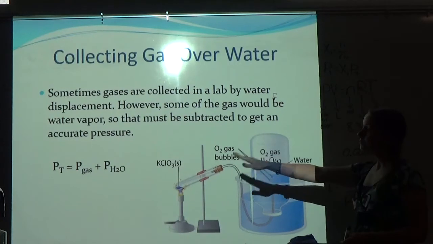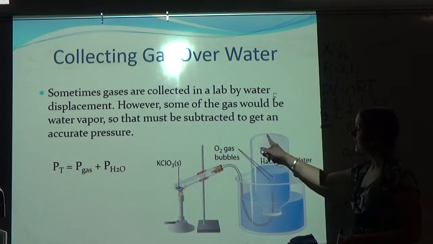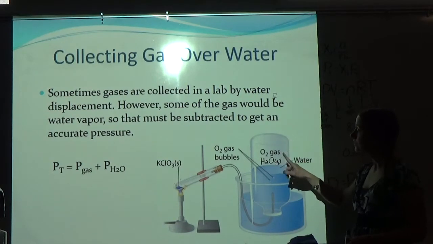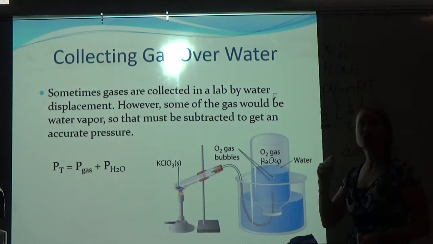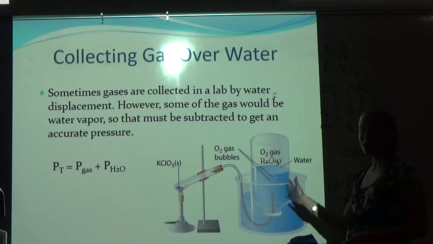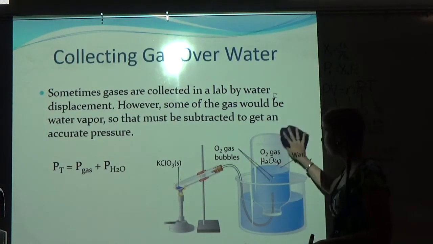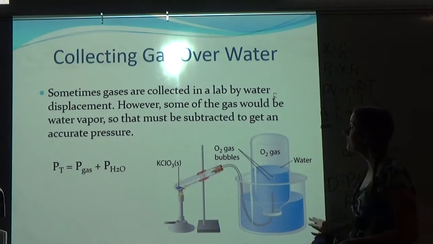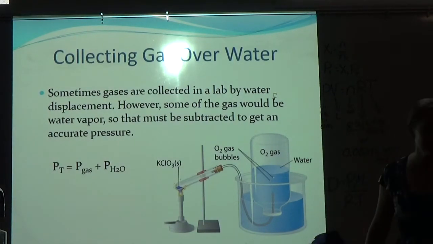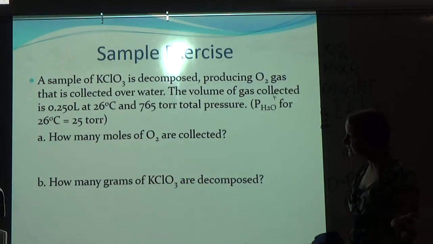All right, so our P total for a gas collected over water is the pressure of the gas plus the pressure of the water. So if we just want the gas, we need to do the total pressure minus the partial pressure of the water. Okay, so like I said, the whole thing is we need to get rid of the pressure from the water vapor. So let's look at an example.